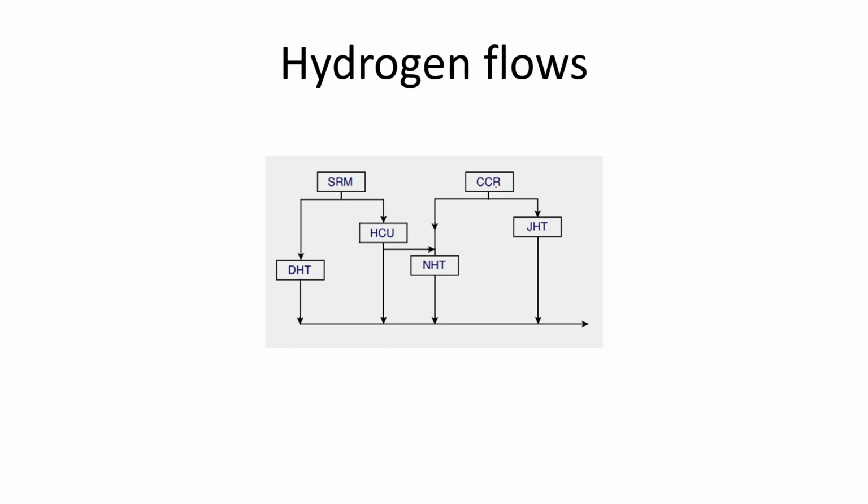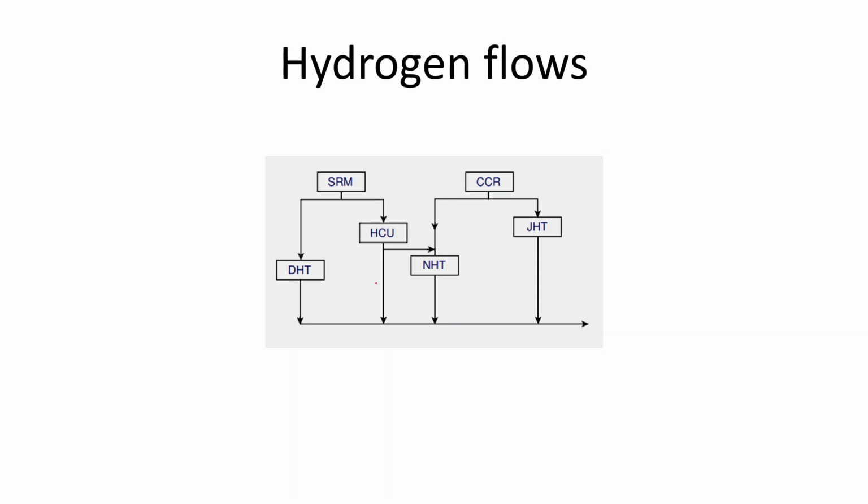There's also another hydrogen production, the reformer. CCR is continuous catalytic regeneration, a type of reactor used in the reforming system. Both of these are producing hydrogen, each with different purities and flow rates, as you saw already during our class in the hydrogen pinch.